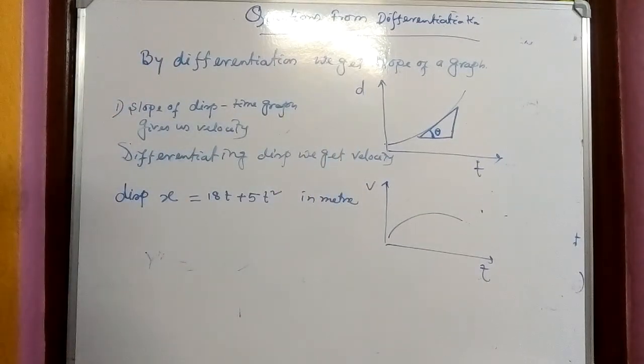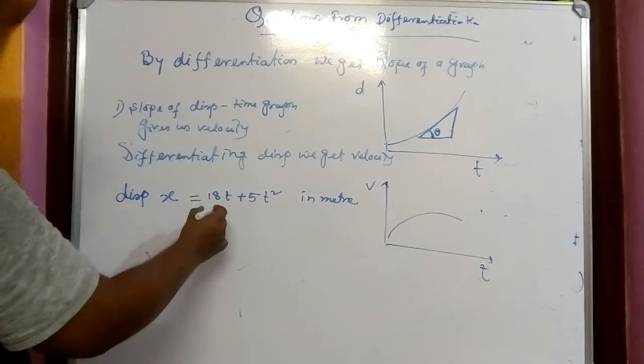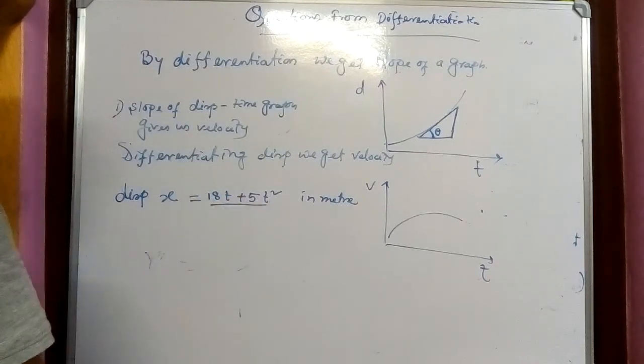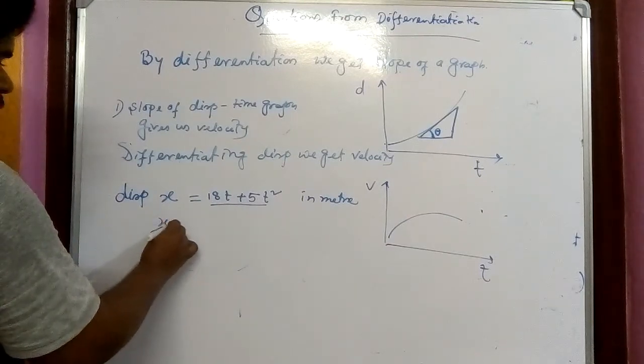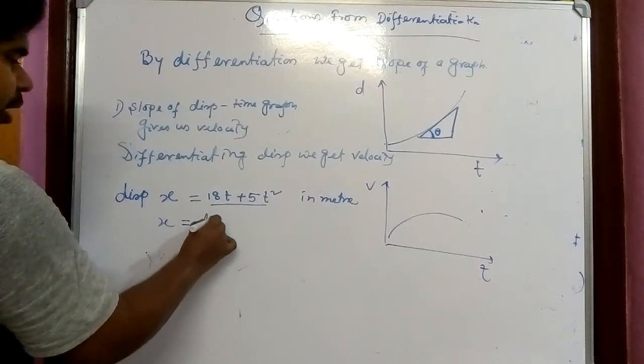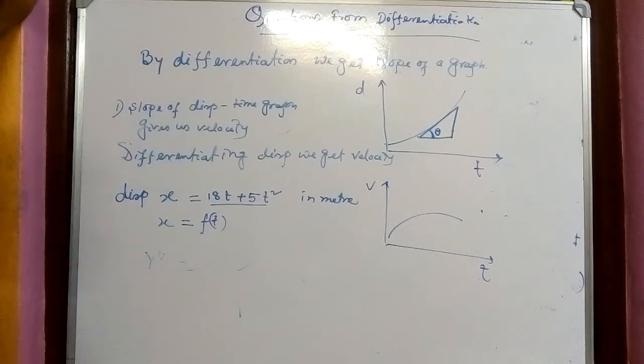The displacement of a body is represented by x equals 18t plus 5t square. Here you see displacement is a function of time. That is obvious, that's why we are able to draw the graph. Displacement is definitely a function of time. And now it is asked that you have to find the velocity of the body.